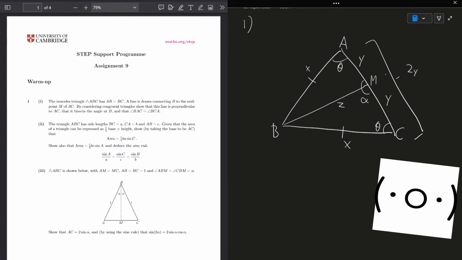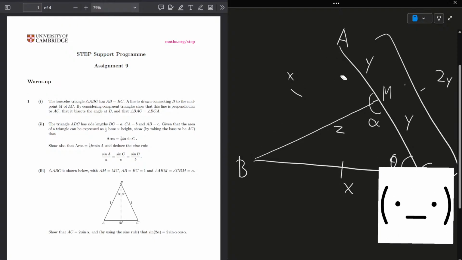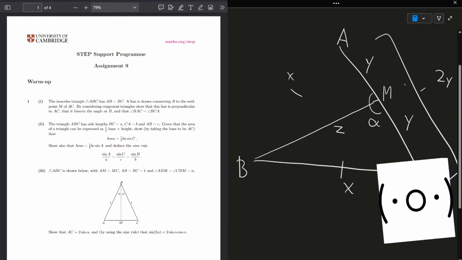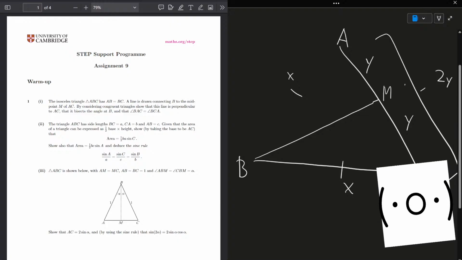Oh wait, it's asked us to consider congruent triangles. So actually, we don't know that these are perpendicular yet.